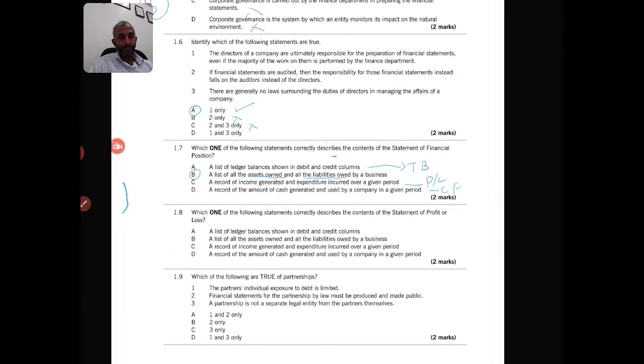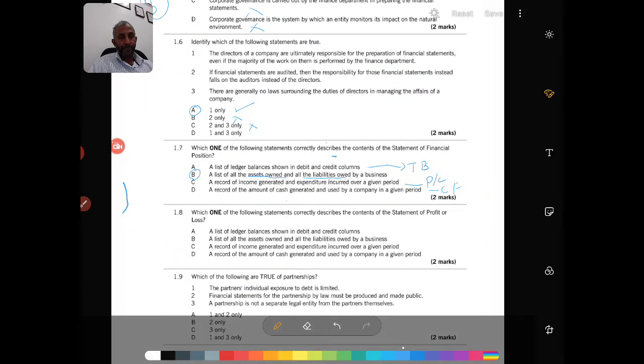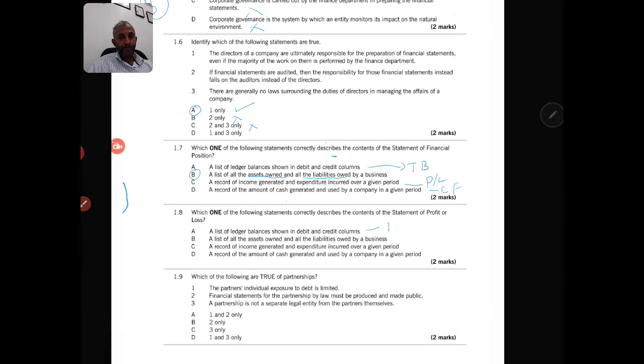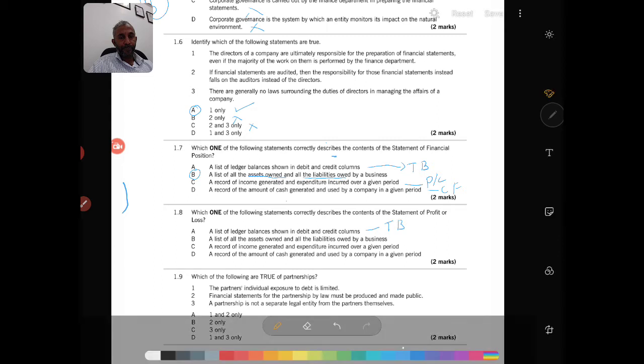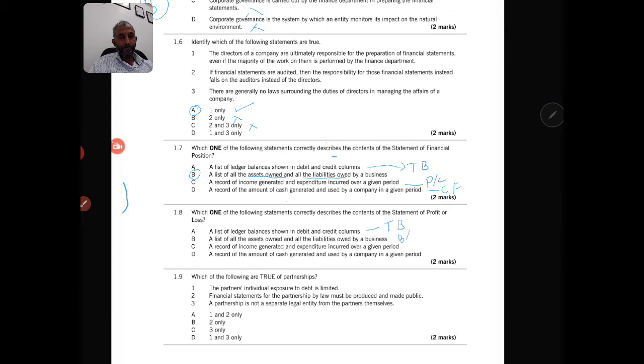Now 1.8. Which one of the following statements correctly describes the contents of the statement of profit or loss? A, a list of ledger balances shown. No, that is again a similar question. That is the TB, trial balance. B, a list of all the assets. No, that is the balance sheet or statement of financial position.